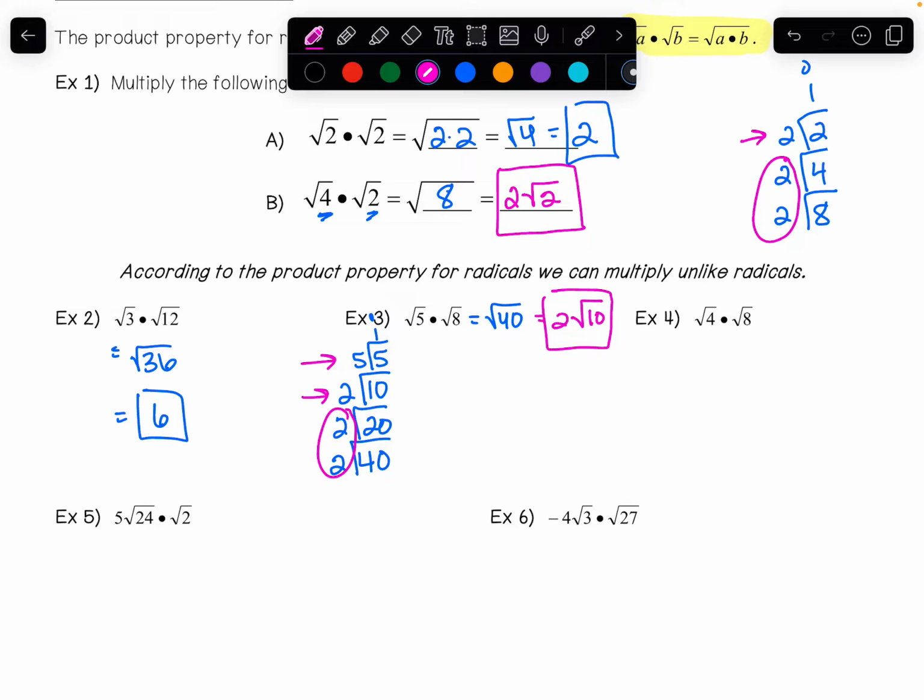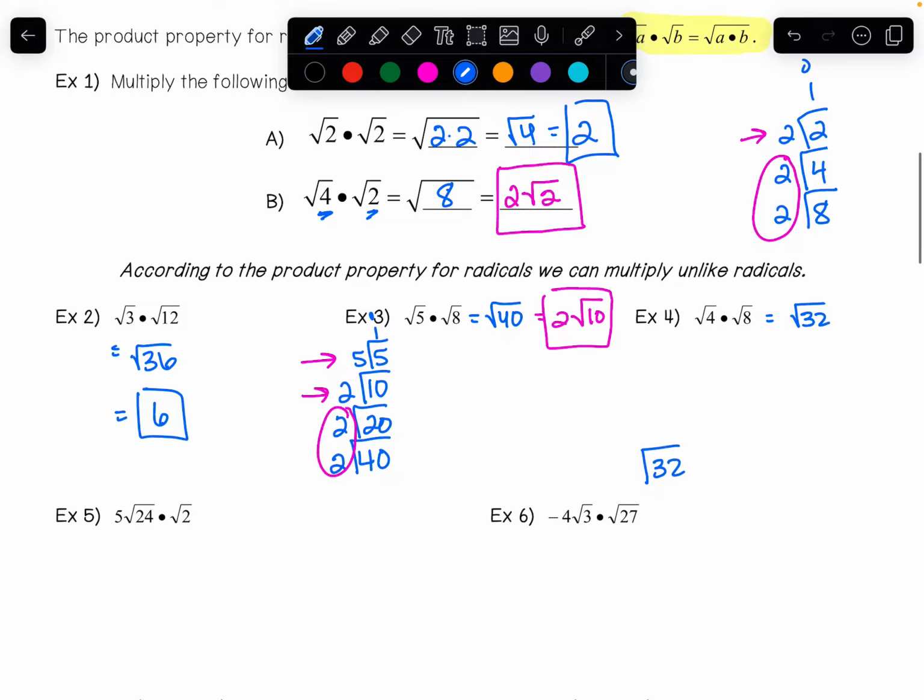Go ahead and pause this video and try example 4. The square root of 4 times the square root of 8 is the square root of 32. 32 is not a perfect square, so we'll have to do birthday cake for 32. The smallest prime number that goes into 32 is 2, goes in 16 times. 2 goes into 16 8 times. 2 goes into 8 4 times. 2 goes into 4 2 times, and 2 goes into itself once.